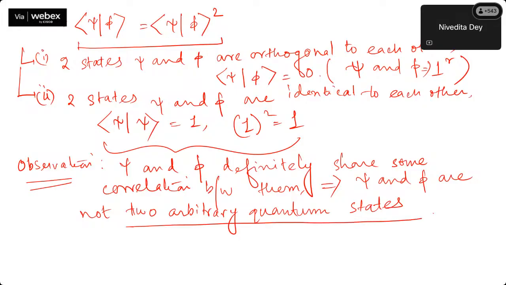Now, what was our assumption? That if there are two different arbitrary states, then I definitely have that Xerox machine or that unitary operator existing that can clone both phi and psi. But considering such a U exists for both psi and phi, we are getting some mathematical dependency between psi and phi, that either they are orthogonal to each other or they are identical to each other, but definitely they are not arbitrary to each other.